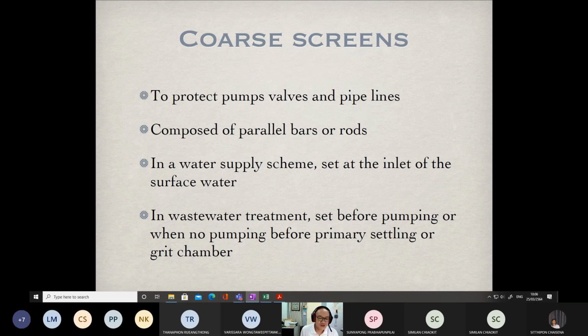For water production, we try to avoid having fish or shrimps present inside our water treatment units. Otherwise, it may cause some kind of contamination.